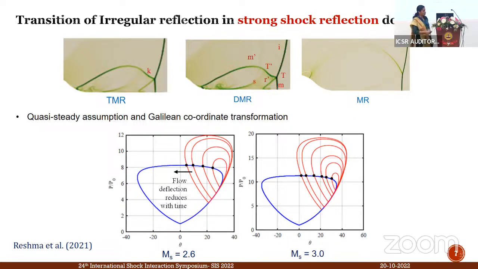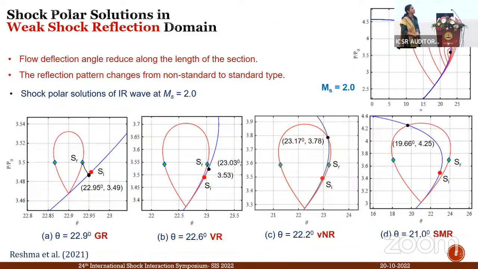Now coming to weak shock reflections, we have also tried to simulate a few cases for the weak shock reflection domain. At shock Mach number of 2, we obtained a lot of solutions, and then we picked some of the reflections. Initially theta was larger, and along the length of the ramp or the plane section, theta was reducing.